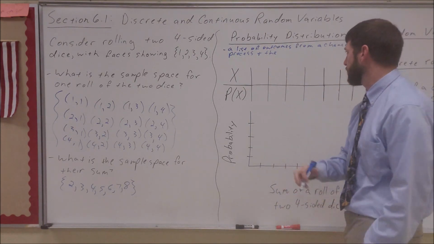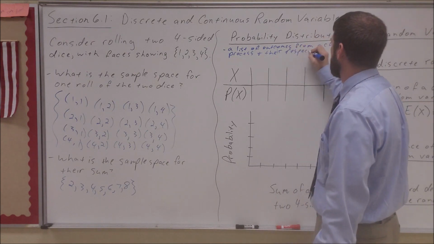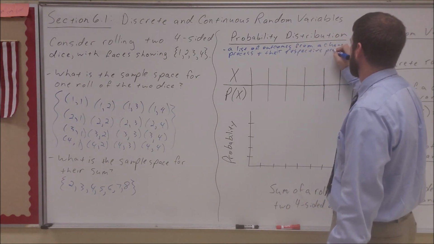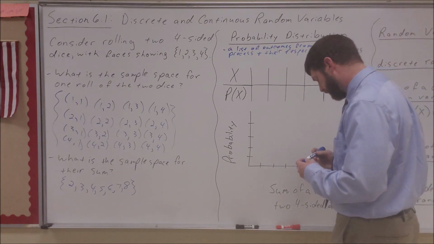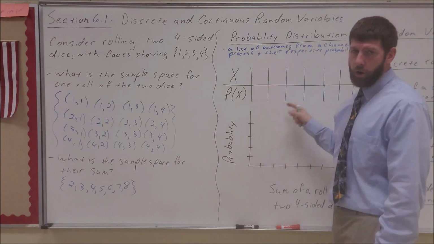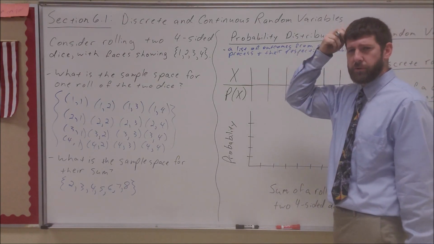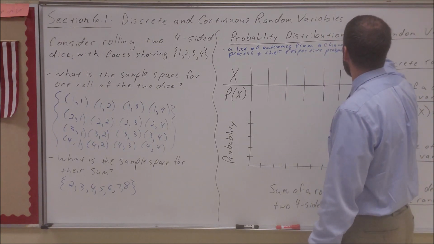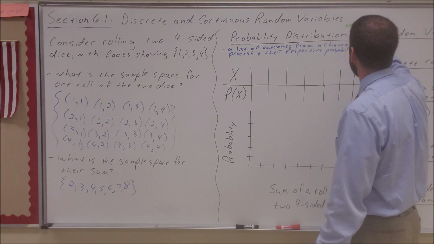What's the probability of each of those outcomes? So, a couple things we need to know. Since it's all possible outcomes from a chance process, your probability distribution should add up to 1. Okay.